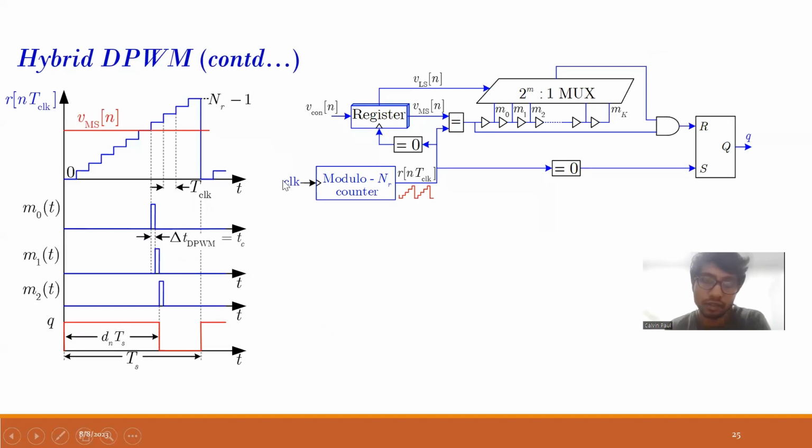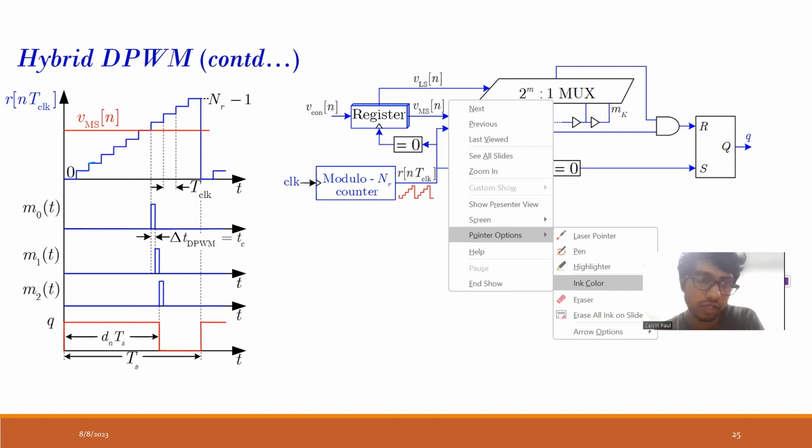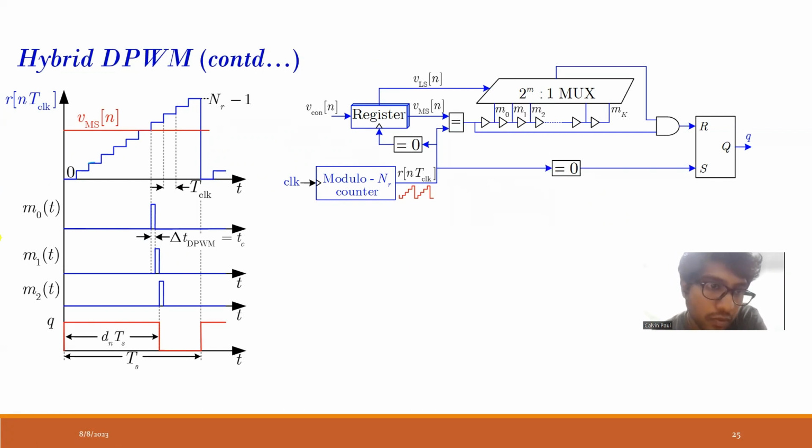This is my counter. It is counting as it is. When this one touches this value, what happens? This becomes equal to 1.